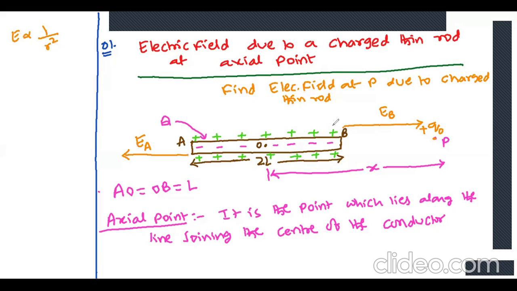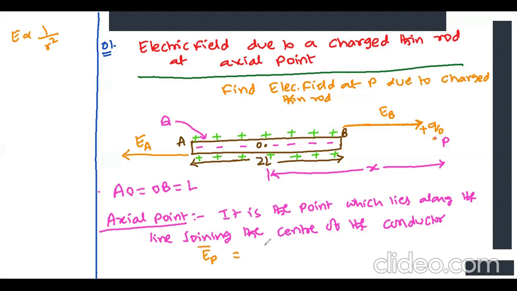So, electric field at point P: EP equal to EB, acting parallel to positive x-axis, and EA acting parallel to negative x-axis.